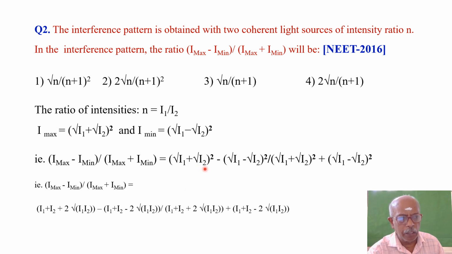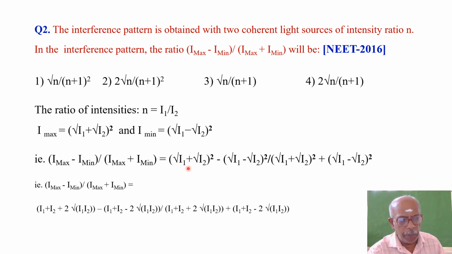Root I1 plus root I2 the whole square, minus Iminimum, root I1 minus root I2 the whole square, divided by Imax, once again root I1 plus root I2 the whole square plus root I1 minus root I2 the whole square. So LHS is always there.